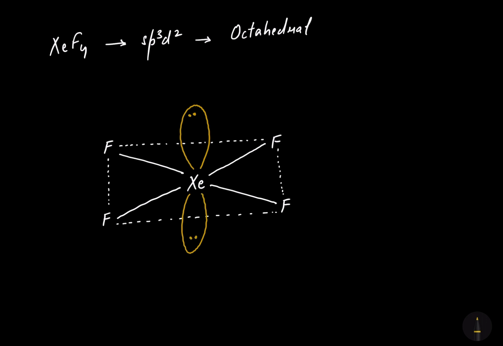Now, while naming the geometry of sp3d2 hybridization with two lone pairs, we have to ignore the lone pairs, and this geometry will be called square planar, not octahedral. So we got the name of the geometry to be square planar in this case, because we don't have to consider the lone pairs.